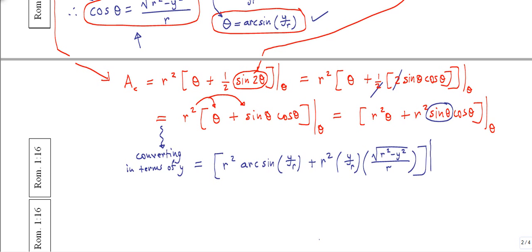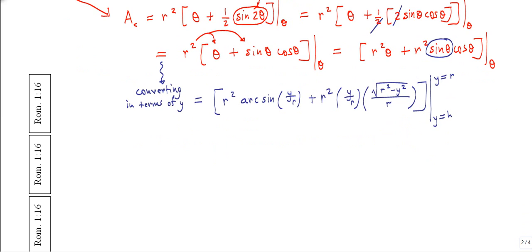And now I have to change my limits back to y, since everything's in terms of y, and y, as you'll recall, ranges between h and r. Okay, so we're almost home on this, so it's a matter of plugging in our limits. So this is going to be, on the upper limit, r squared arc sine of r over r plus r squared, oh, by the way, this r squared gets these r's on the bottom.